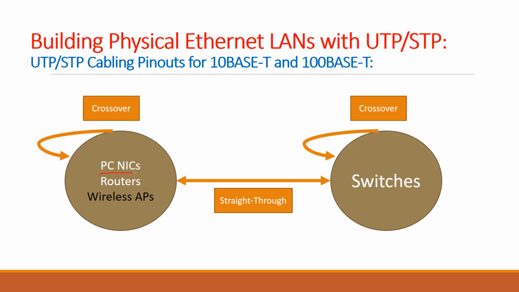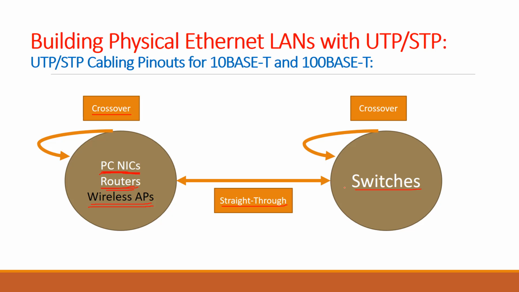If you are going to connect PCs to each other, use crossover. If you are going to connect routers to each other, use crossover. Or PC to a router, use crossover. If you are going to connect a PC to a wireless access point, use straight through, that's why I made it in black color. But if you are going to connect a PC to a switch, use a straight through cable.